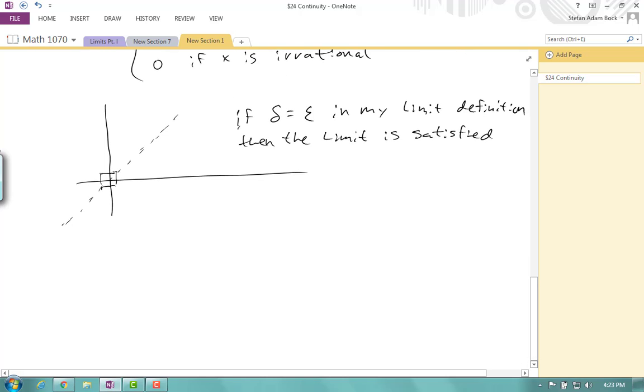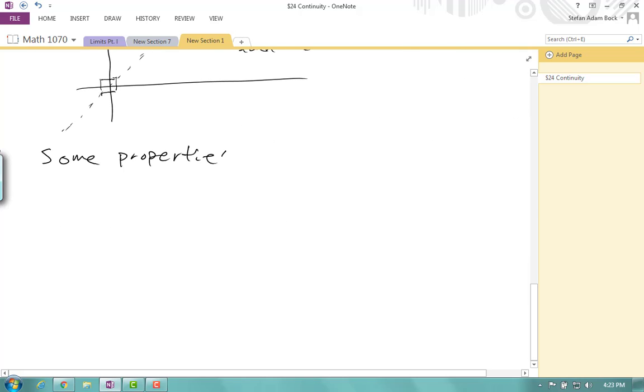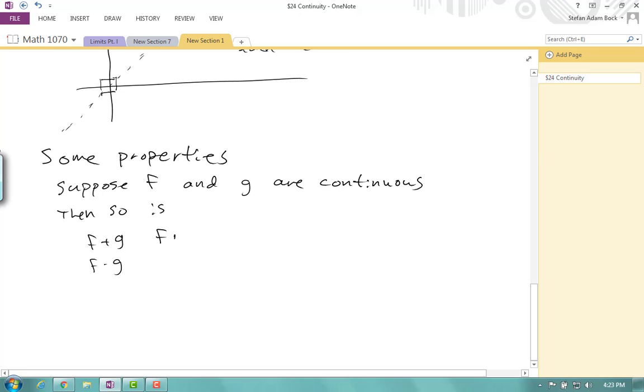Now, continuous functions have some properties, and those are kind of like the properties of limits. If I have two continuous functions, f and g are continuous, then so is pretty much any combination of these functions. F plus g, f minus g, f times g, f divided by g, as long as g is not equal to 0.